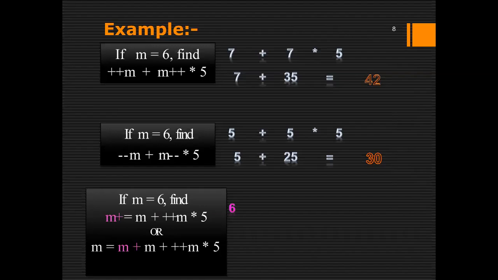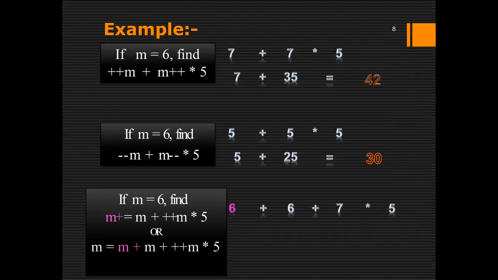Whatever we write after the equal to sign is the value of the expression. Now again the value of m, which is 6, followed by the addition operator, and then I have ++m. Now ++m here means change and then use. So first I have to add 1 to the value of 6 and then use. So my new value will be 7, followed by the multiplication operator and then 5.